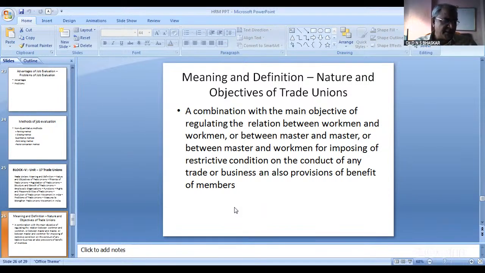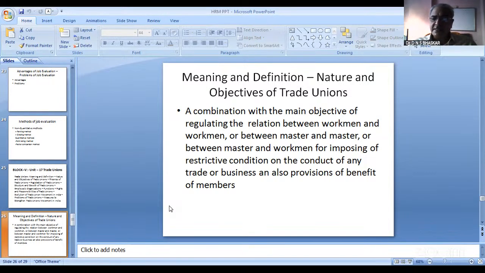It says that it is a combination, whether permanent or non-permanent, formed primarily for the purpose of regularizing relations between workers and employers. First of all, the relations between worker and employer should be regularized. That means there must be a formal manner. That is very important. Between employee and employer, and between employee and employee, for the purpose of imposing restrictions and conditions on the conduct of trade business.